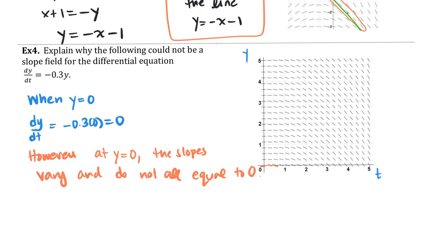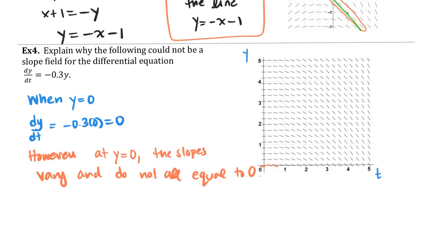I'm just trying to come up with some kind of counterexample proving why this is not correct, so I chose an easy one. When I plug in y equals 0, I get 0, so the slope should be 0, but it's not. It's 0, and then it's negative, negative, negative, which means this cannot be the correct differential equation for this slope field.